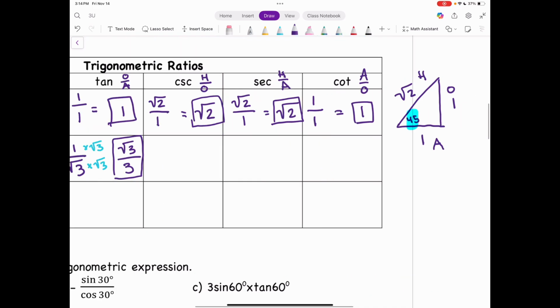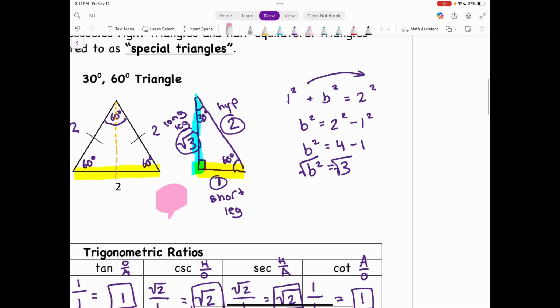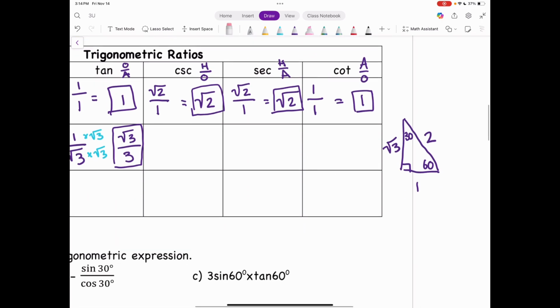Our reciprocal trig ratios. I'm going to go ahead and draw the 30-60 triangle again, where our short leg is 1, our hypotenuse is 2, and our long leg is the square root of 3. This is our 30-60 triangle that we got from up there and that we probably have already memorized by now.